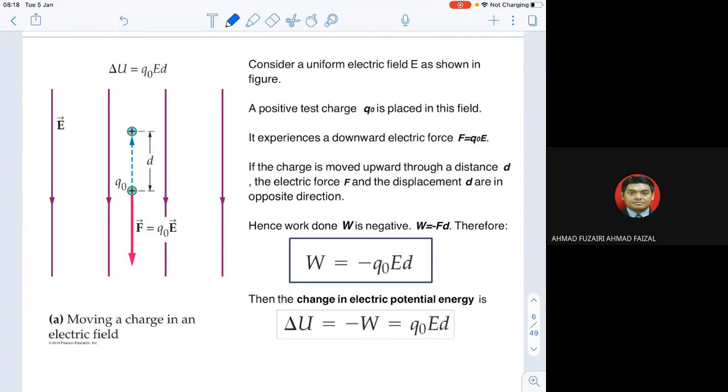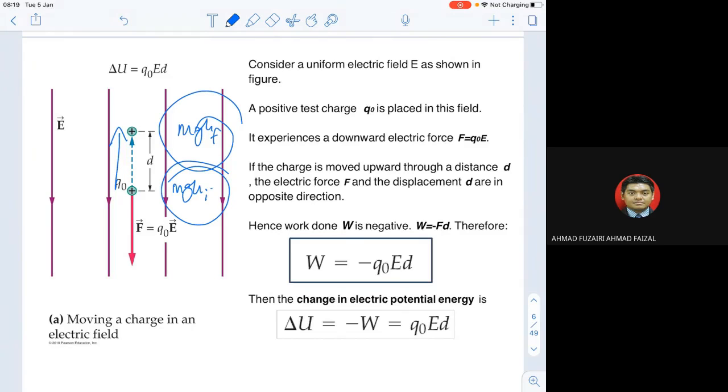On this part, we want to go up against the electric field so that we can increase the potential energy. We have a potential energy initial and a potential energy final, two different values.